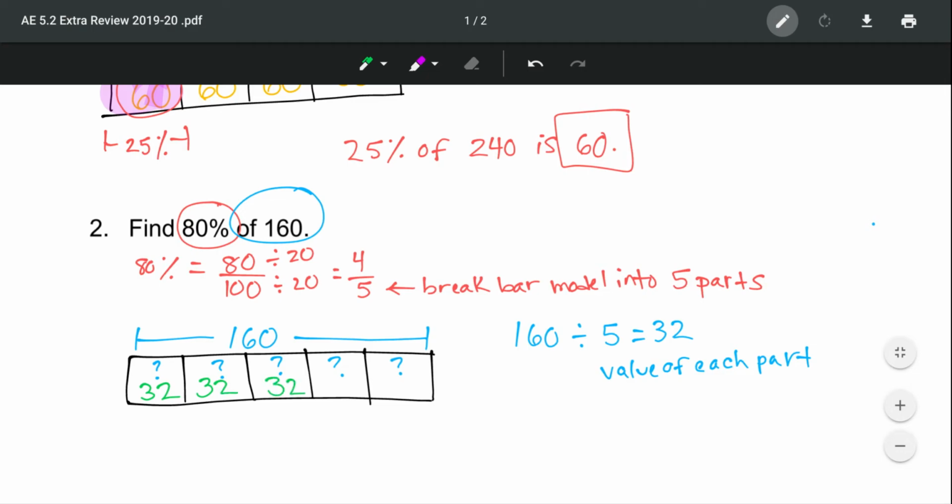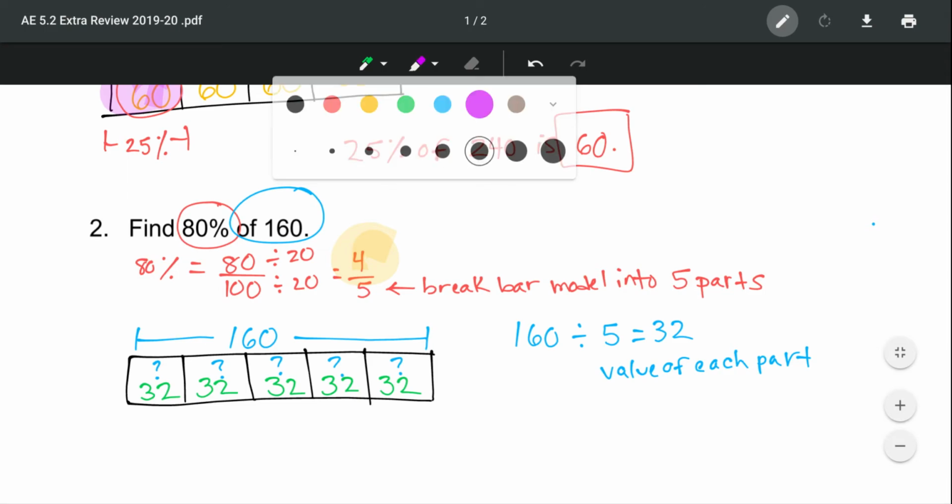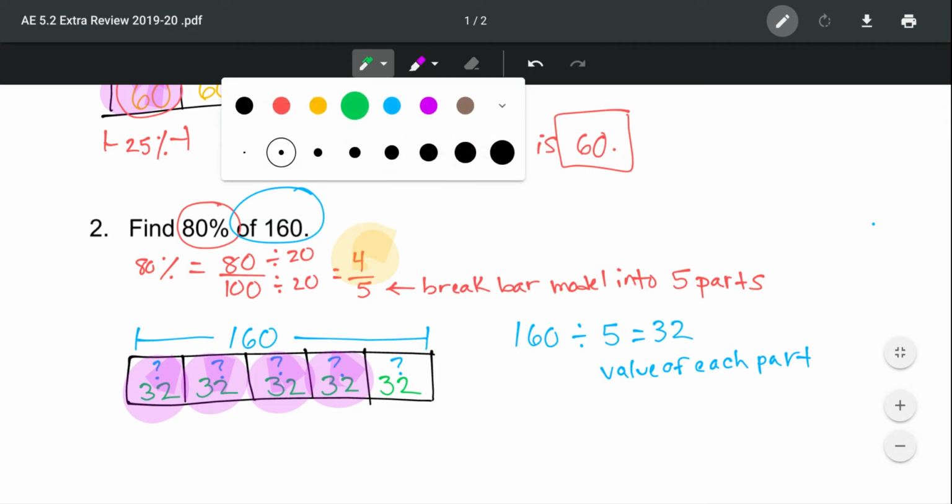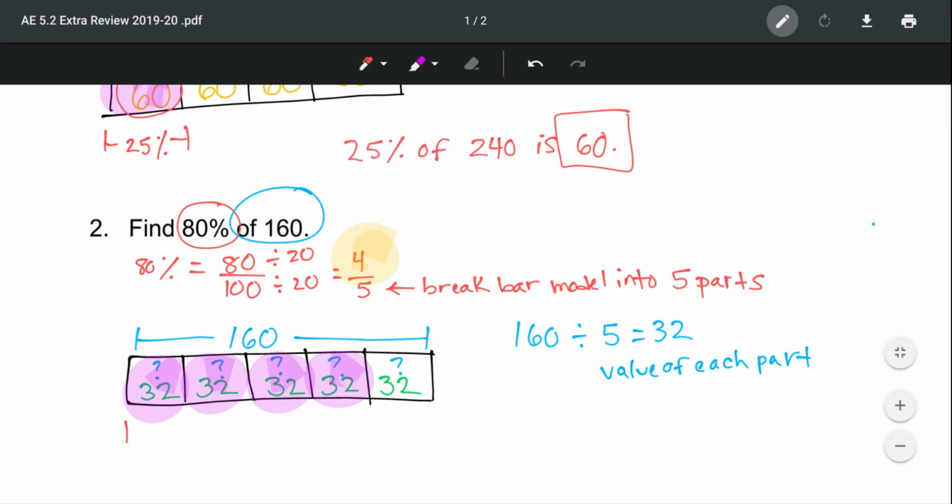Then we're looking at 4/5, because that's what it says to figure out: what 4 out of the 5 parts would be. So 4 out of the 5 parts, that would be 1, 2, 3, 4. You want to know the value of those 4 parts. The percentage value is 80%, but we want to know the numerical value.